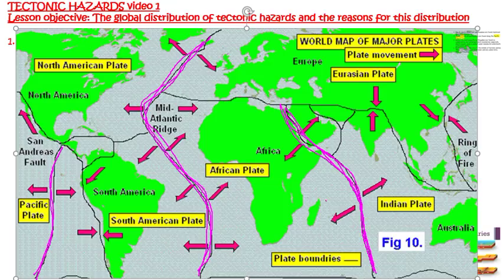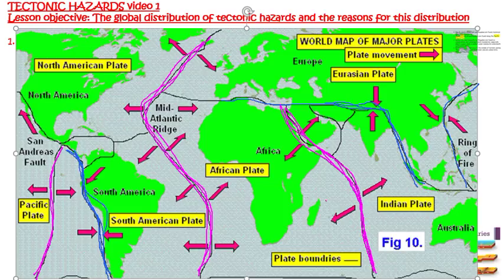You've also got where plates are converging together, which are at these. So these plates are pushing towards each other and are converging, and the main one that we're interested in is this one just here.